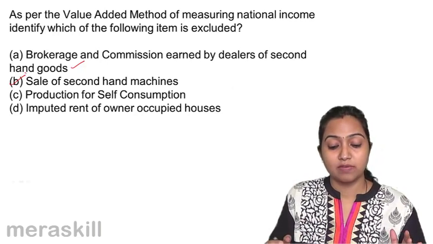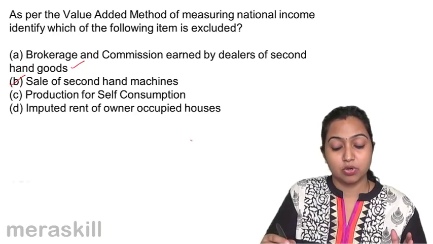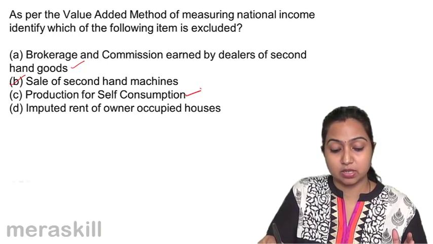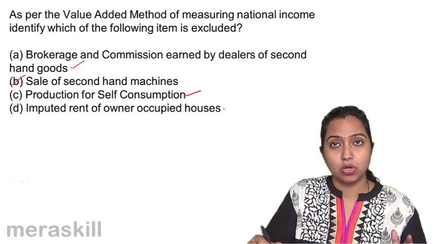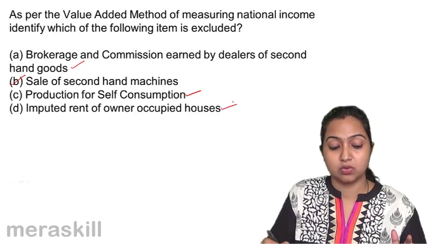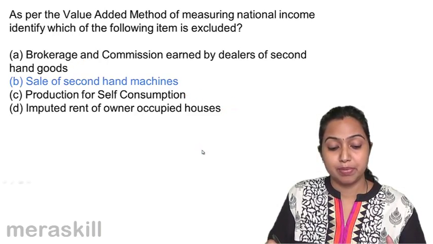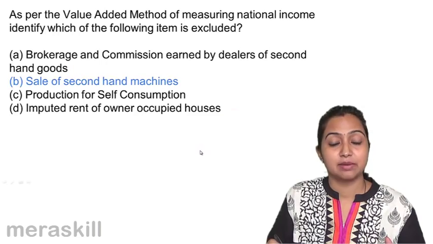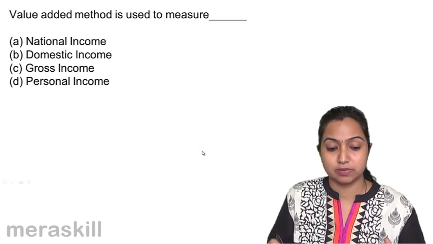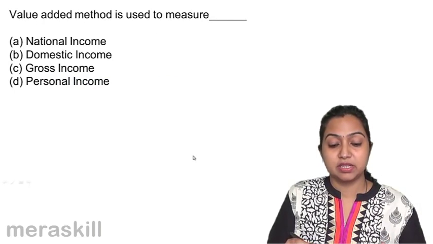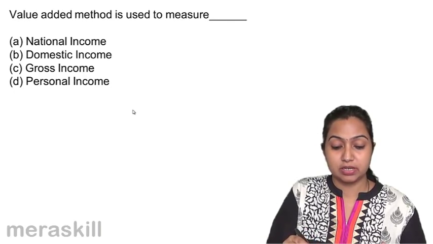It is sale of second-hand machines. Production for self-consumption, it should be included. And imputed rent of owner-occupied house should also be included. So the answer should be B. Sale of second-hand machines should not be included. Value-added method is used to measure national income.